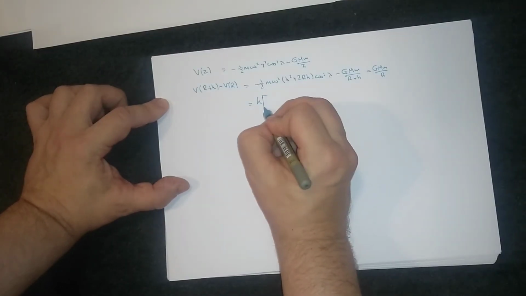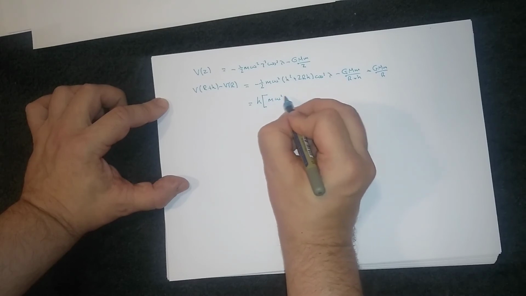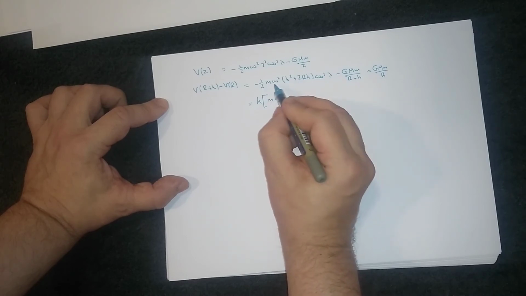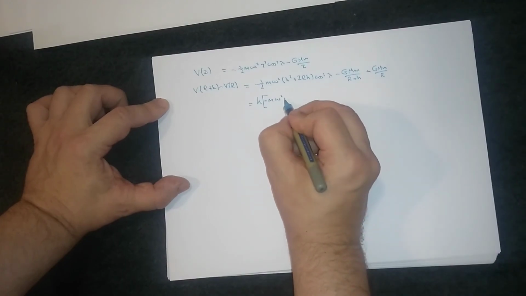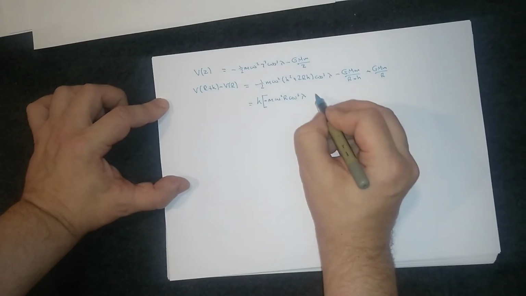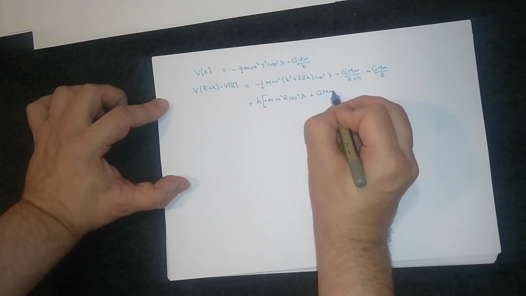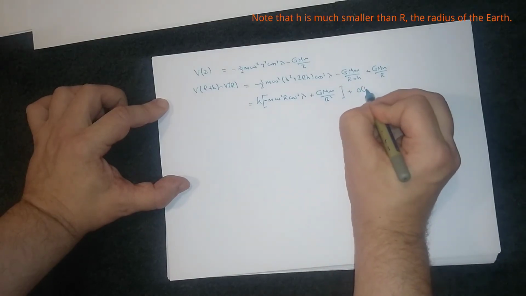So that's h times (minus m omega squared R cos squared lambda plus GMm over R squared) plus big O of h squared.